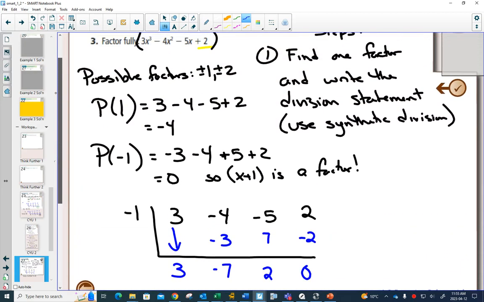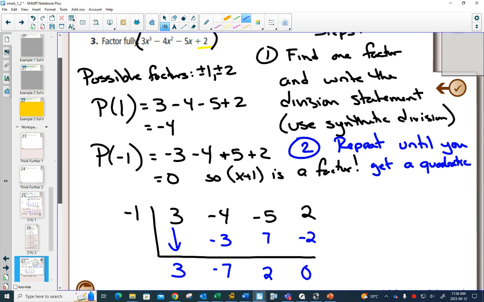Step 2, repeat step 1 until you get a quadratic, then factor normally.